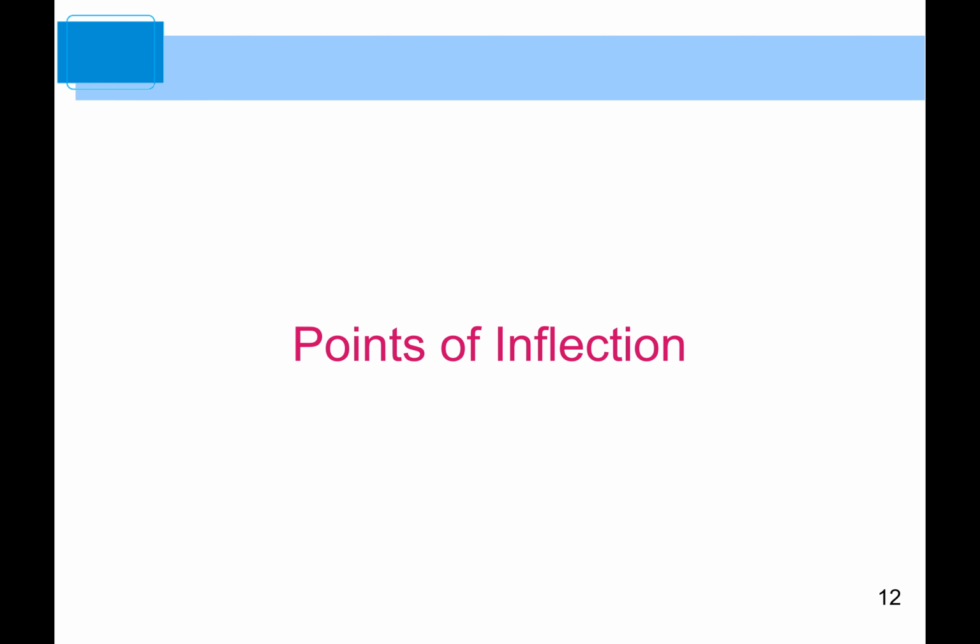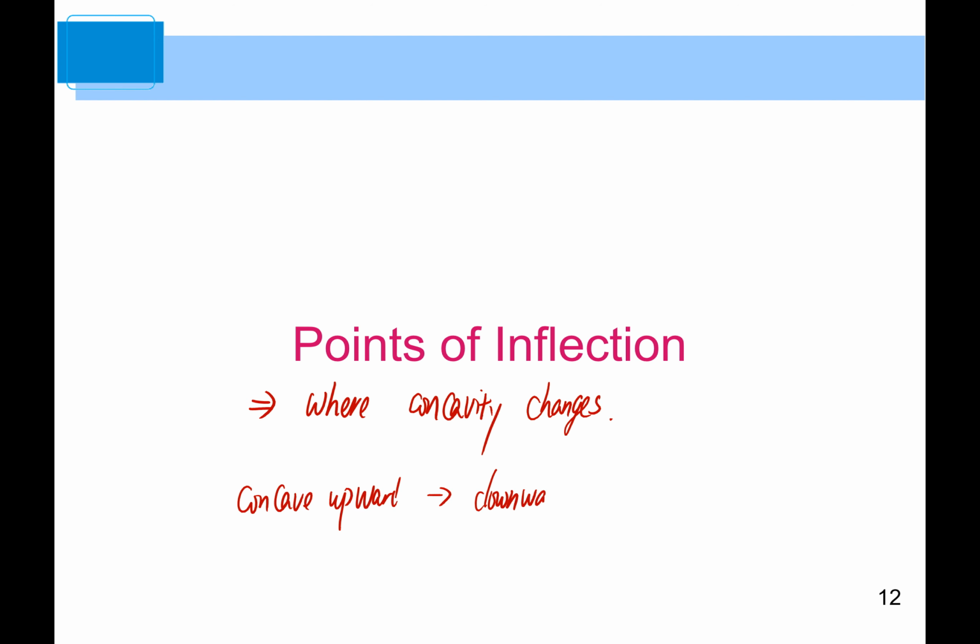And now let's take a look at the points of inflection. A point of inflection is where concavity changes, meaning it changes from concaving upward to downward, or concave downward to upward.